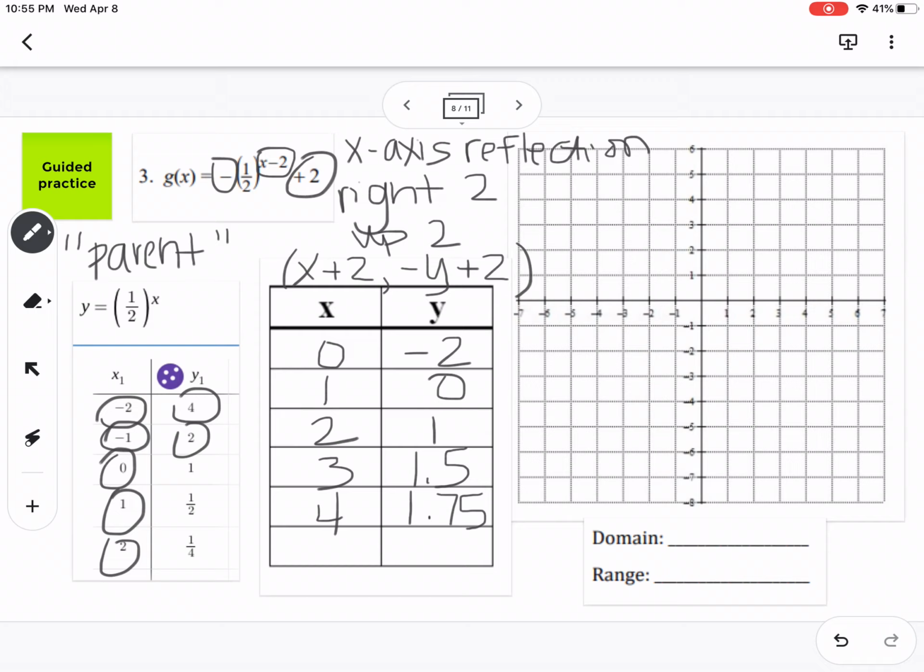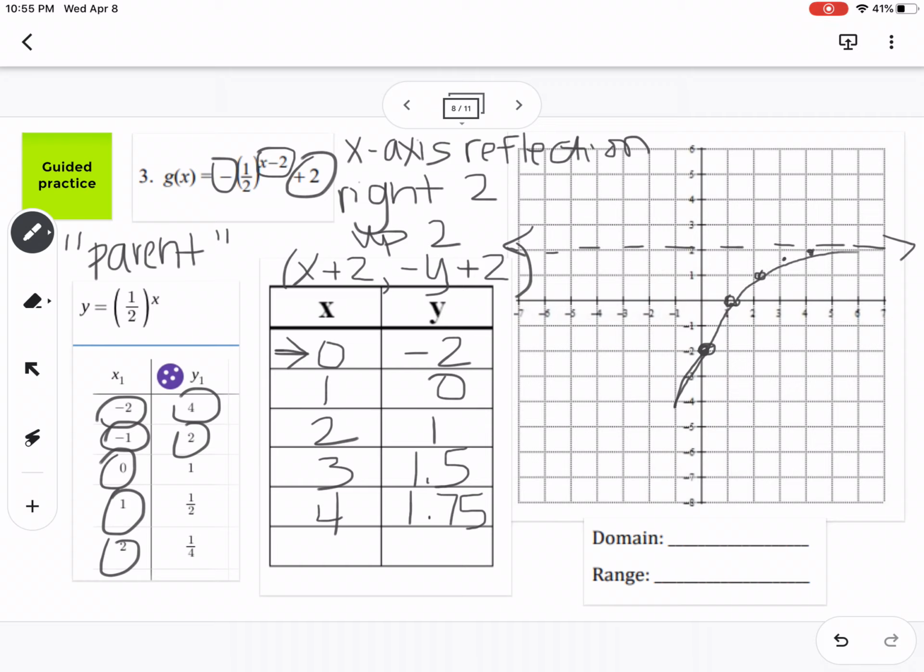Okay, so notice that the y-intercept is there, so we don't have to add it. If you want, you can start with your horizontal asymptote, which is at +2. Okay, and then we can plot our points. So 0, -2, 1, 0, 2, 1, 3, 1.5, and 4, a lot closer.